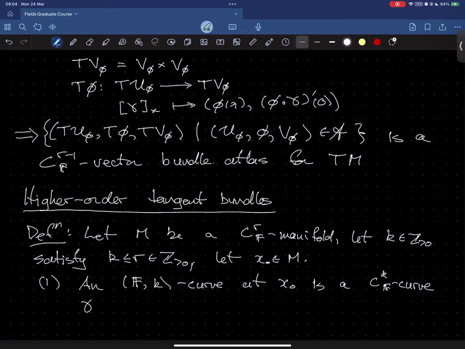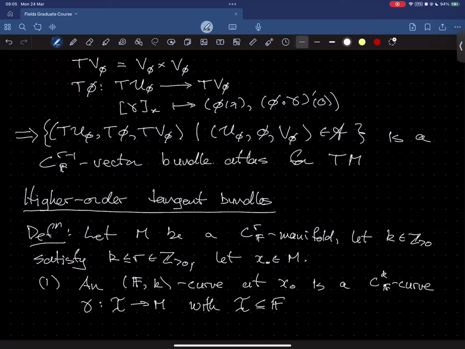So it's going to be gamma, from I into M, and just like previously, we're talking about possibly complex curves here.